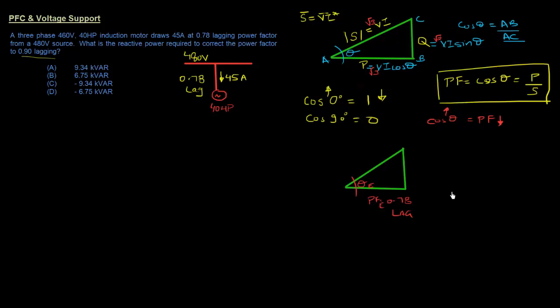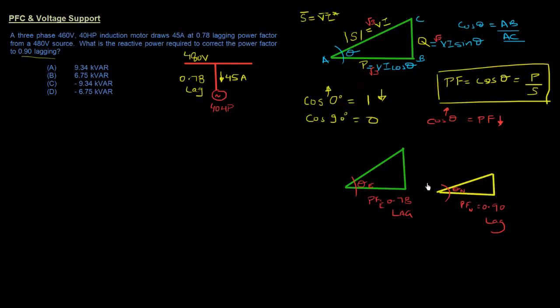Now, for our new power factor 0.90, this angle is going to be a lot smaller, right? Because our power factor is better. So our triangle is going to become something like this. This is the power triangle for power factor new, which is 0.90 lag. And this is our new theta, theta new.